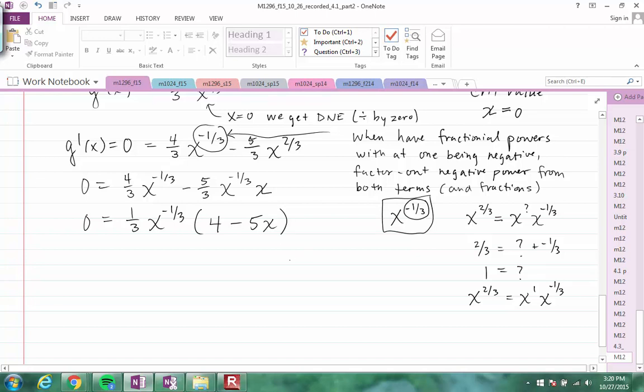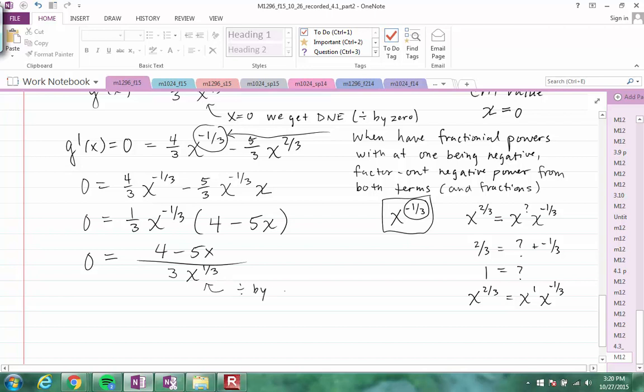Now this is where the magic happens. As a fraction we have 4 minus 5x, and then it's over 3x to the 1/3. So on the bottom is where we have division by 0, and we already determined that x equals 0 is a critical value.